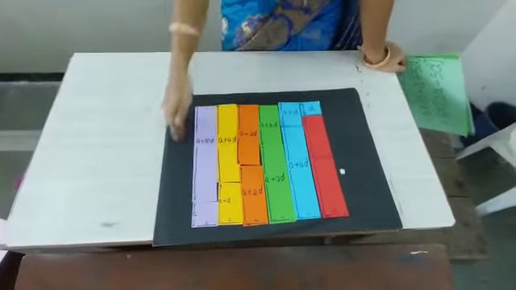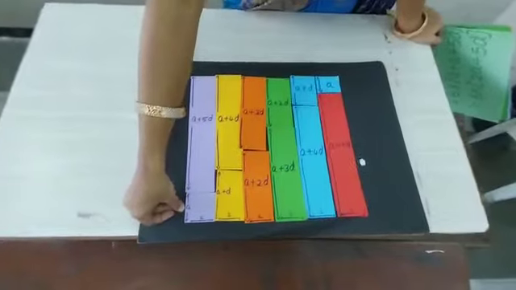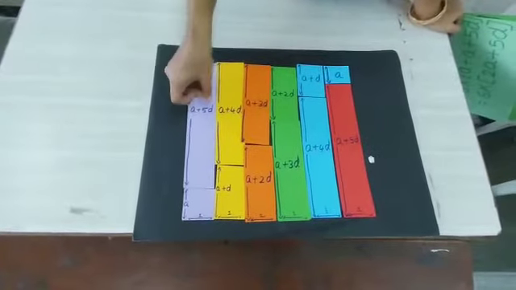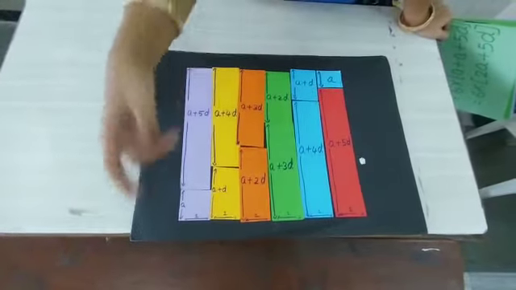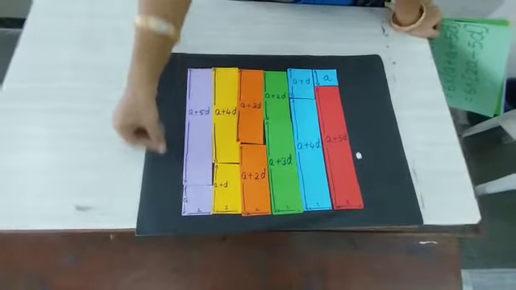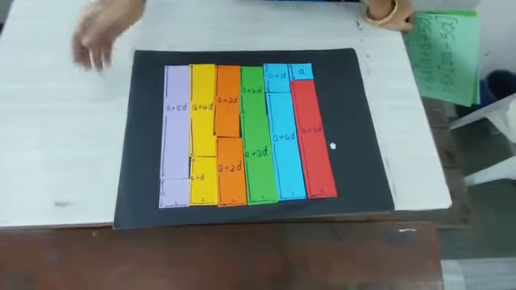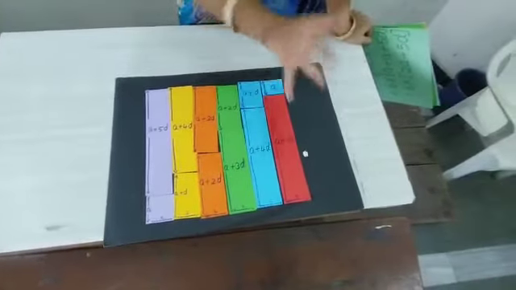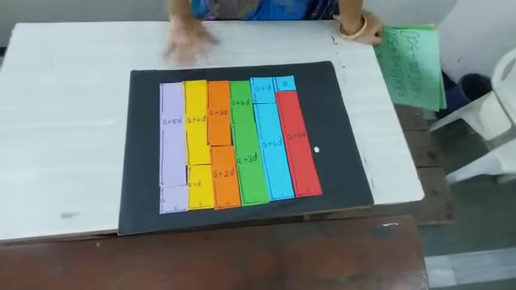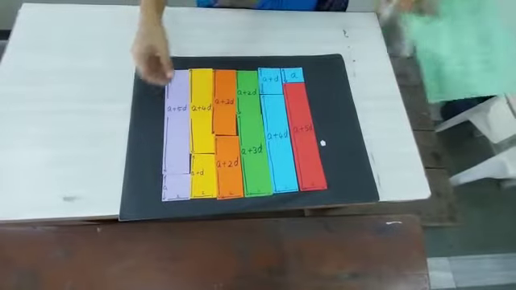And where is your breadth? You can observe that there is A plus A plus 5D. If I add this, I'll get my breadth, that will give you 2A plus 5D. If you go for each strip, you will get the same breadth. So the breadth is 2A plus 5D.